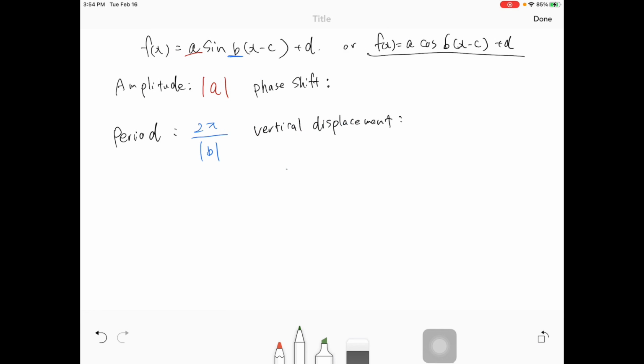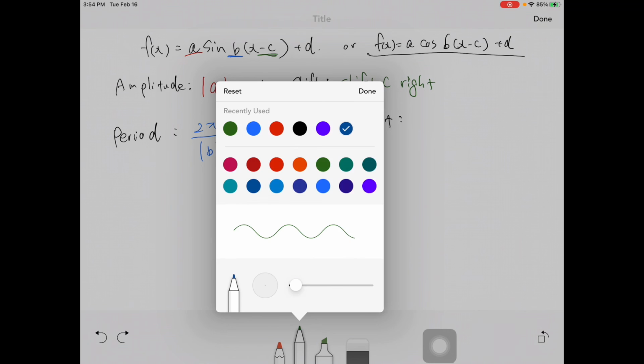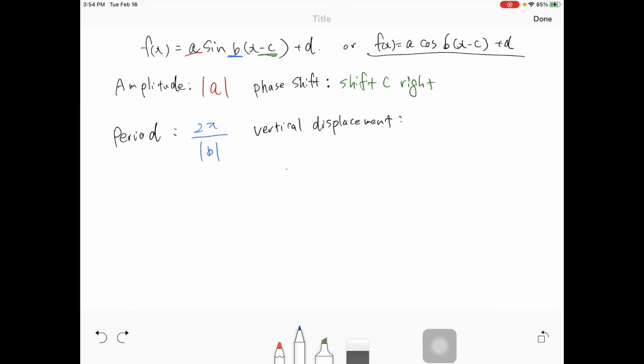And next, phase shift depends on this value here. So if it's negative c, we shift c right. If this value is positive, it goes left. And finally, vertical displacement depends on the value here. So shift d up. If the value is negative, it shifts down.